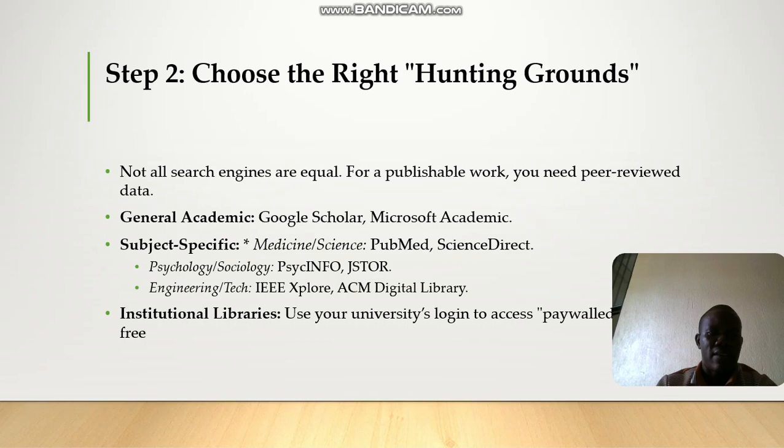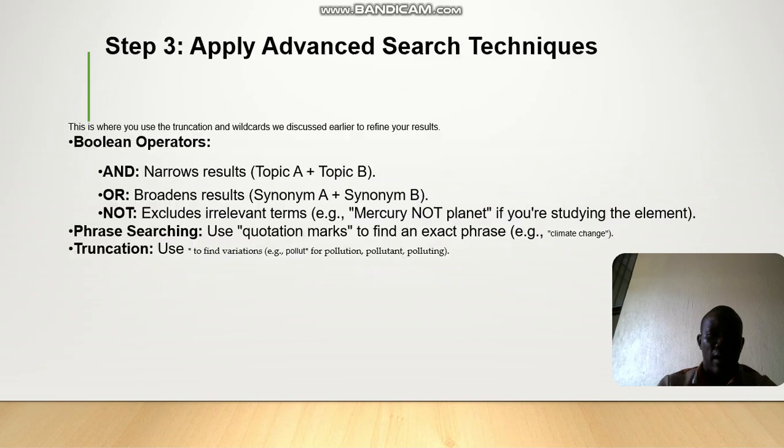For subject-specific, we can talk of medicine, science, ScienceDirect, psychology, sociology, and even engineering. Then the institutional libraries, where you use your university login to access paywalled content for free.